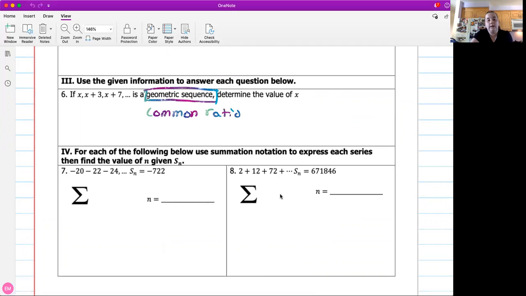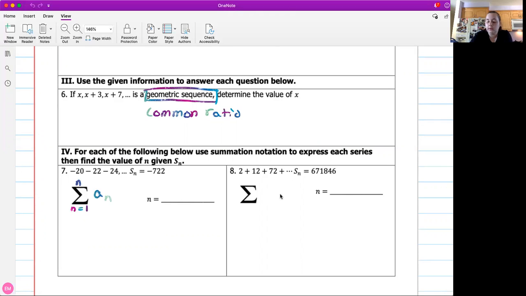And then these last two turn into a work backwards problem, and you're filling in the summation here. Your n is going to go up here. This is going to be n equals 1 because you're starting at 1 for all these sequences. What goes in front of the summation is just a sub n, so your explicit equation.